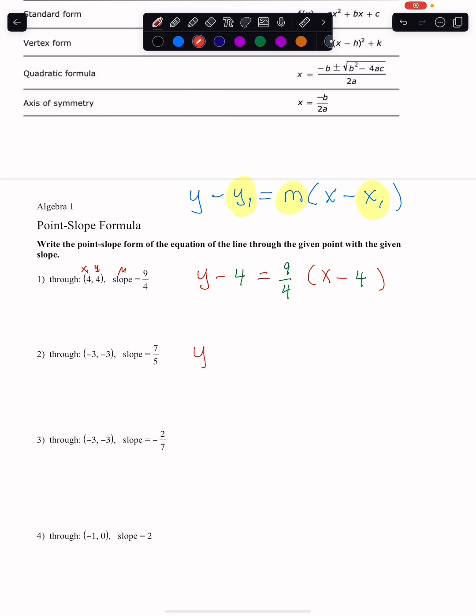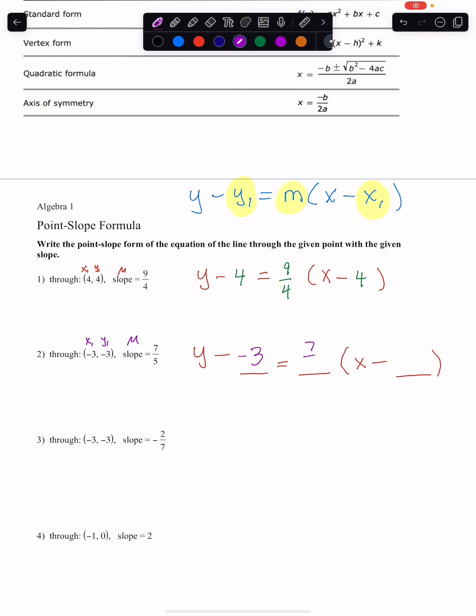We're going to write down y minus, we'll leave a blank, equals blank, parenthesis x minus, then we'll put a blank there. Okay? So now we're going to go over here, this will be x1, this will be y1 because that's xy, and our slope is always going to represent m. So what is my y1? You should say -3. What is my m?